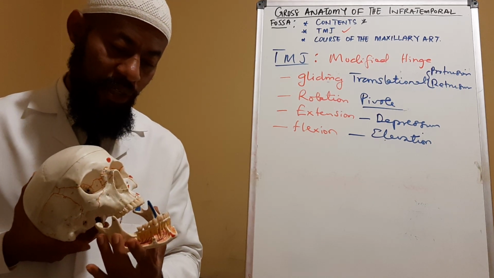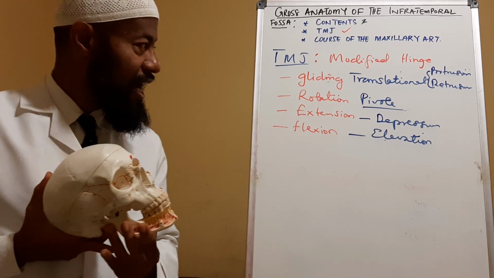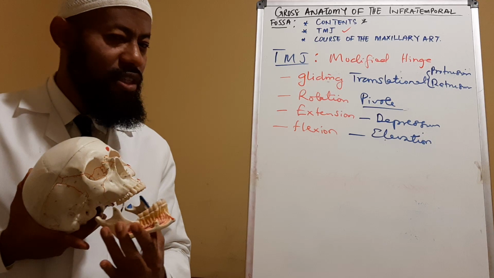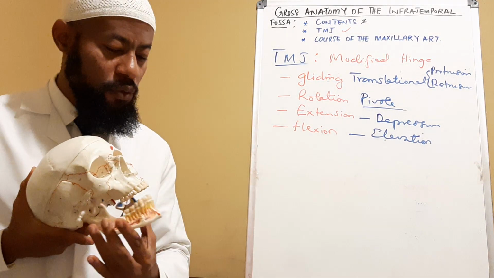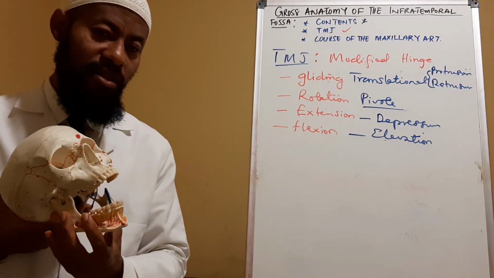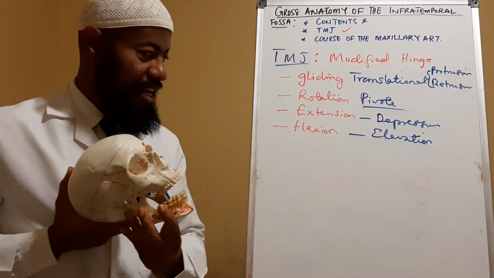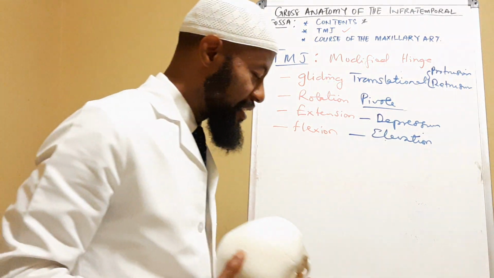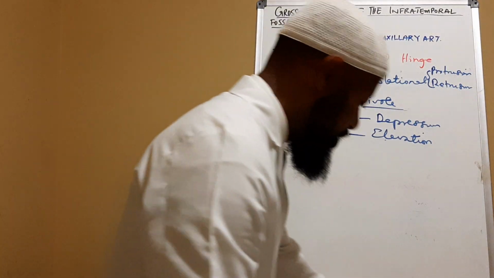That's protrusion, and this is retrusion. And there's a rotation. You see that? Most persons, when they chew, that's what we do when we chew. All right? And then there is depression, which is extension, and then there is elevation, which is flexion. So those are the kinds of movements that you find at the TMJ.